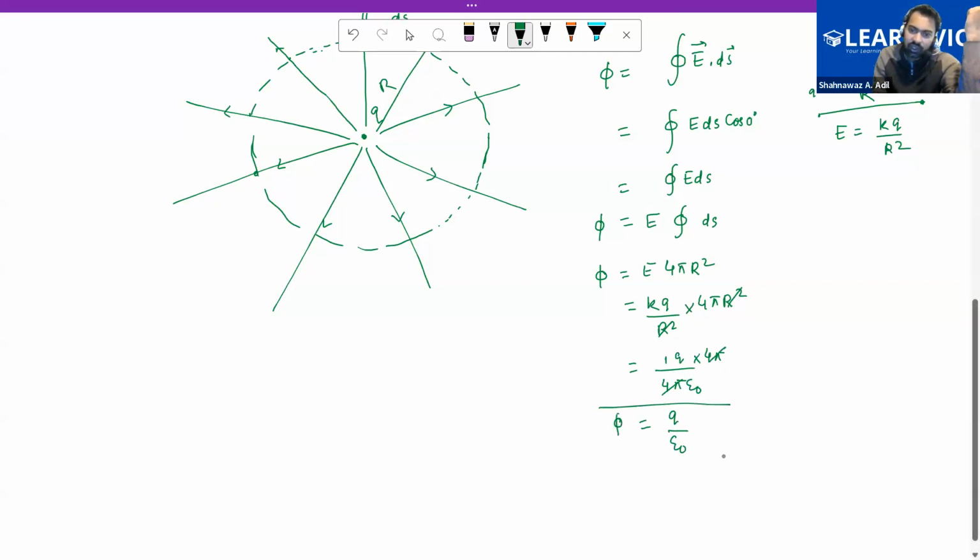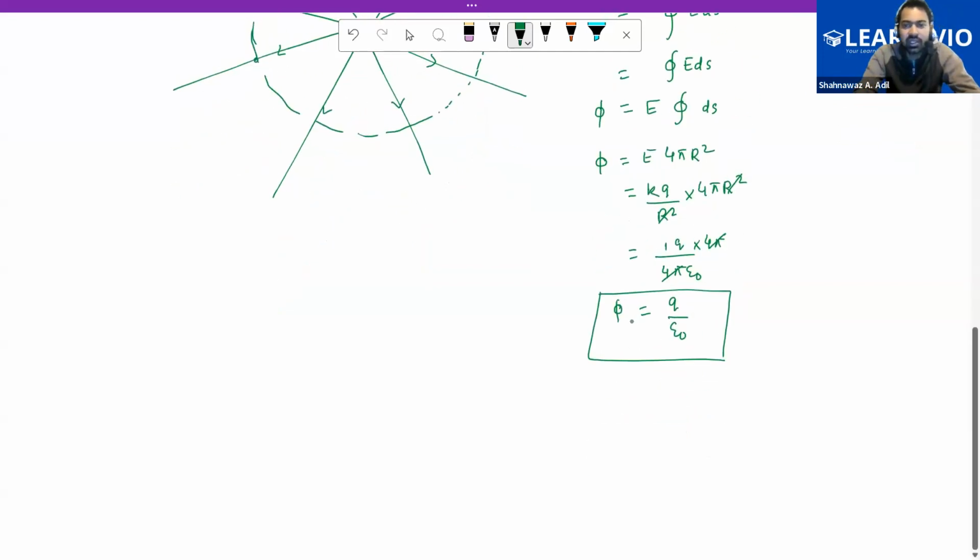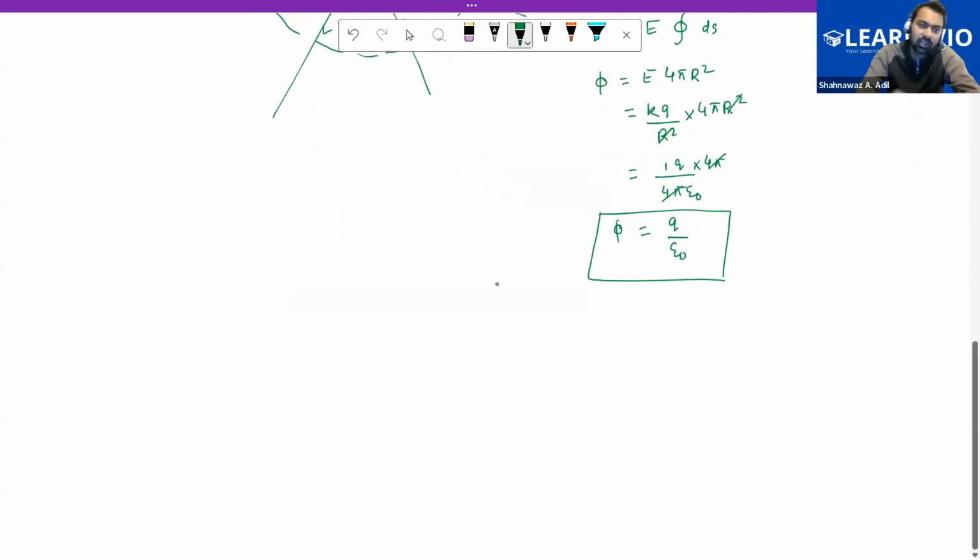And this is where we define the Gauss law. So the Gauss law states that whenever you have a closed surface, the flux is equal to the charge enclosed by epsilon naught.